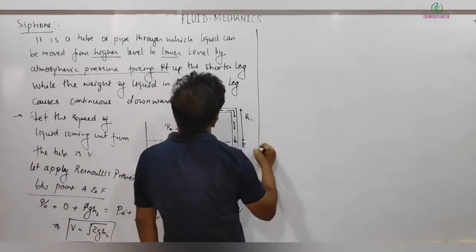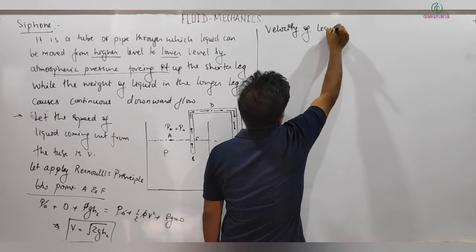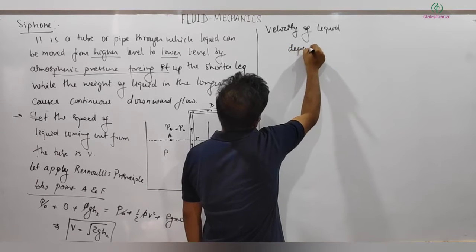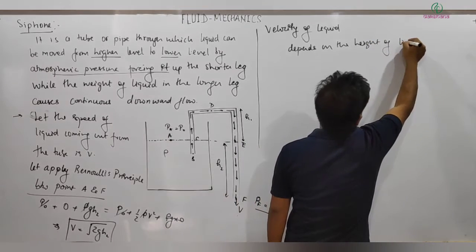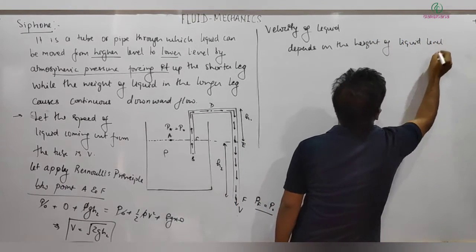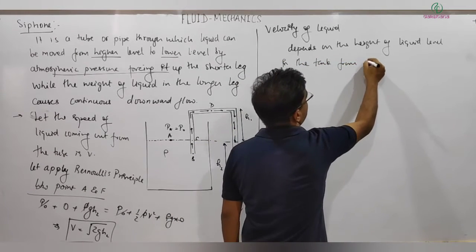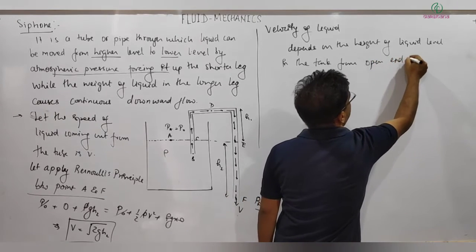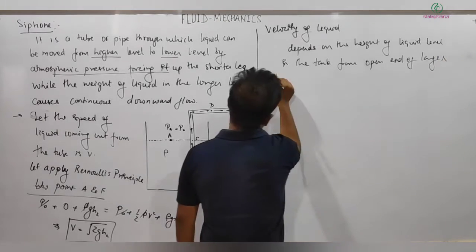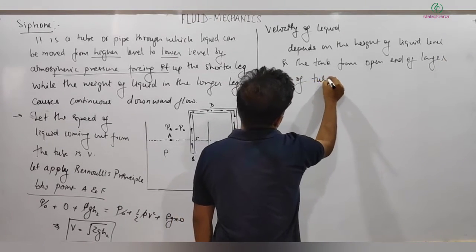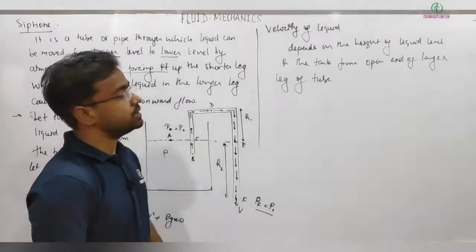So velocity or speed of liquid depends on the height of liquid level in the tank from the open end of the larger leg of the tube.